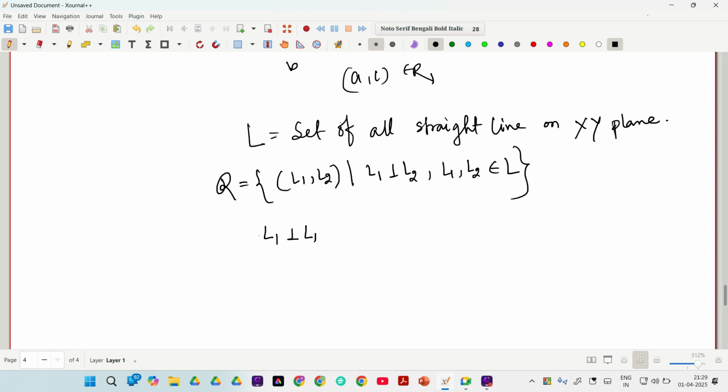False. Okay, so this is a false statement. It is not perpendicular to itself. It is parallel to itself. So L1 is not perpendicular to L1 itself. That means R is not reflexive.